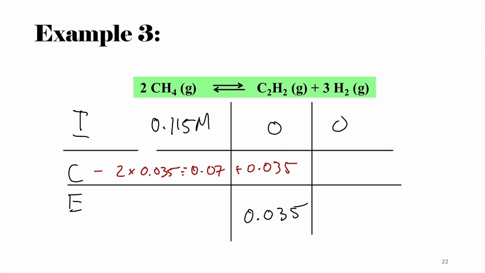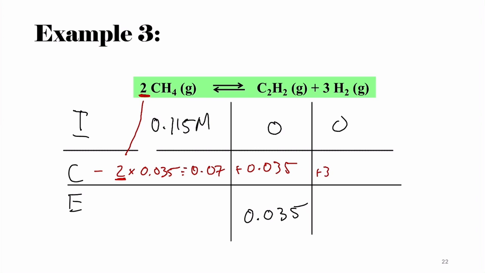Right, so for every one molecule of these, we lose 2 molecules of our reactant. And what about for hydrogen gas? What's the sign going to be there? Positive, right, because we're also starting from 0. And for every 1 molecule of this we make, we gain how much?